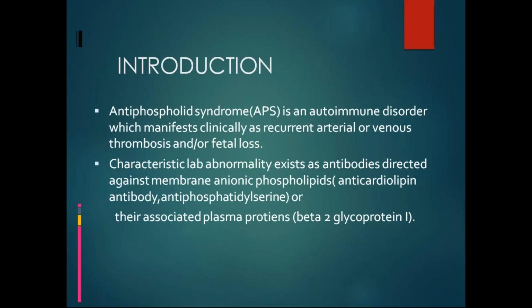That is the basic concept, just like anti-glomerular basement membrane syndrome, Goodpasture syndrome. You will come across these types of diseases much more when you go to the higher level.